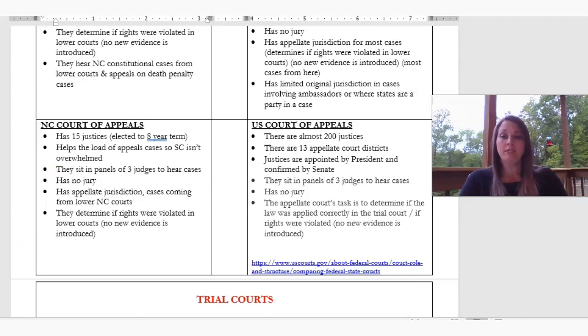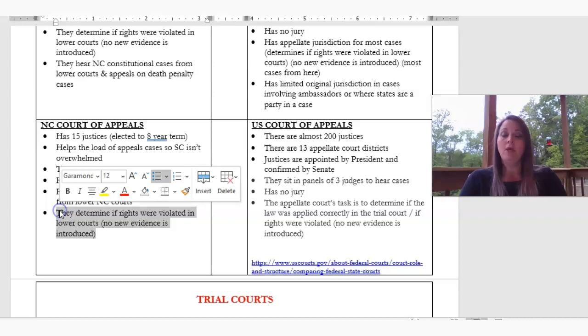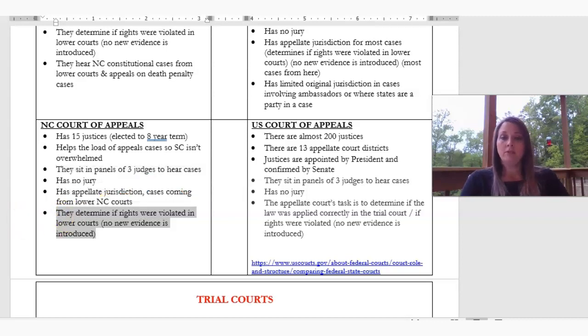So again, both of these here, the appeals courts have appellate jurisdiction. So really the Court of Appeals are here to help the cases that could possibly overwhelm the North Carolina Supreme Court. So they actually are kind of like your first line of defense to determine if your rights are violated. Here, the appellate court is also similar to the North Carolina Appeals Court to determine if the law was applied correctly.